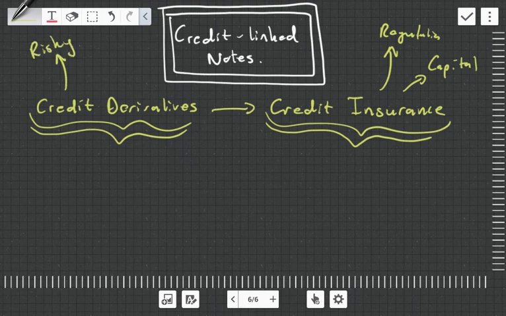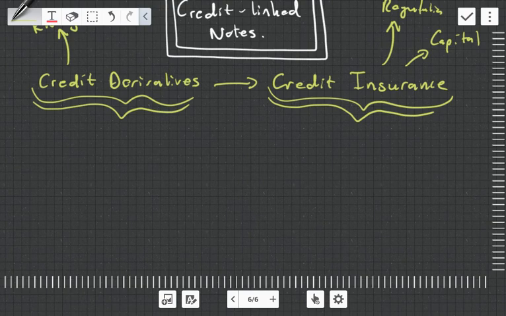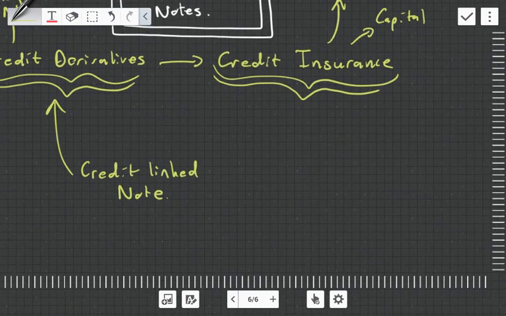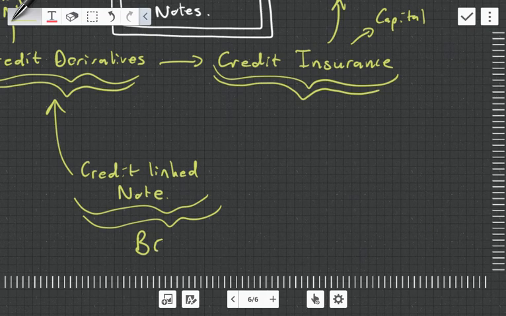So how do these guys get around this? Well, they now call the credit derivative something known as a credit-linked note. It actually is credit insurance, but this time it is defined as a bond.